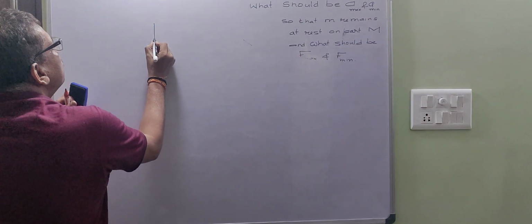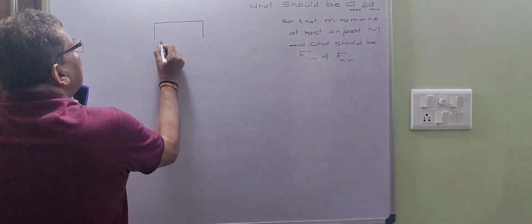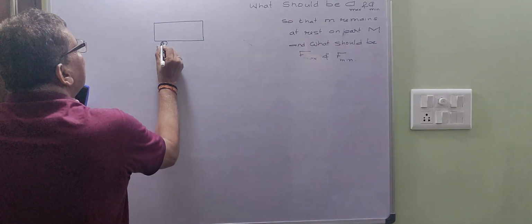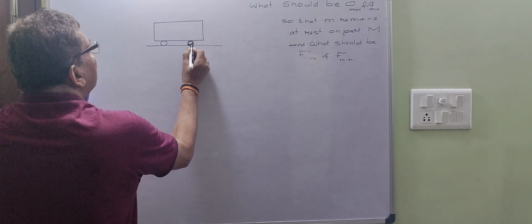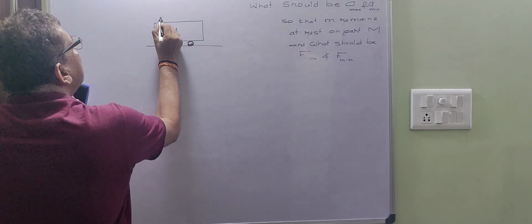Suppose this is a cart, and this has got mass m. Now let us see, two blocks are there.